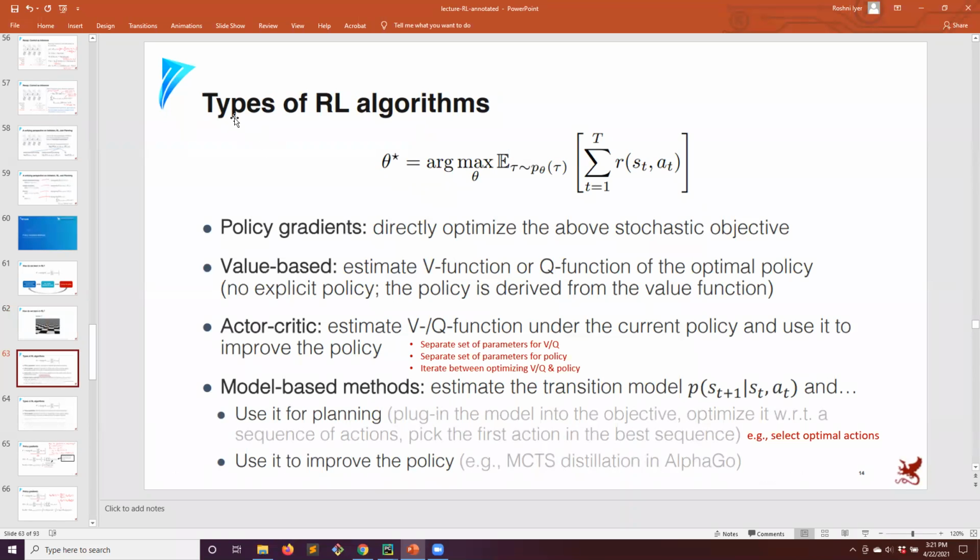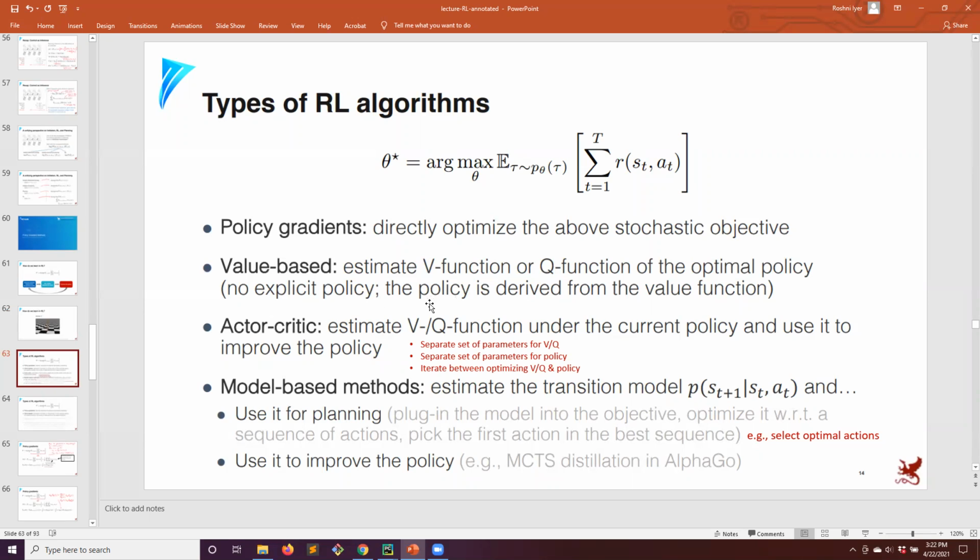Okay, so there are many different kinds of these RL algorithms. The first one is policy gradients, where we directly optimize this stochastic objective function here. The second case is value-based methods, where we are estimating the V function or the Q function of this optimal policy, but we are not giving an explicit policy.